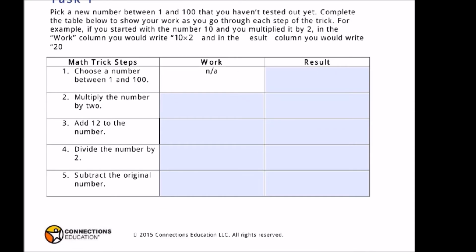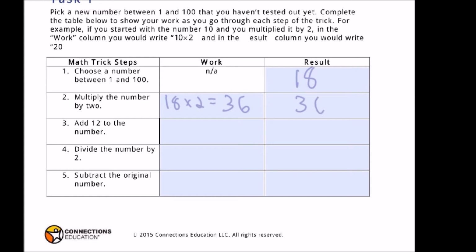So choose a number between 1 and 100. I'm going to pick the number 18. Okay, multiply the number by 2. So I'm going to do 18 times 2 equals 36.